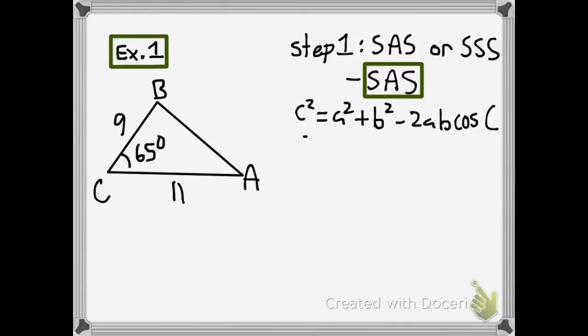So now we get c squared equals 9 squared plus 11 squared minus 2 times 9 times 11 times cosine of 65.